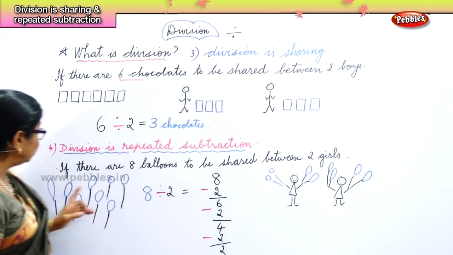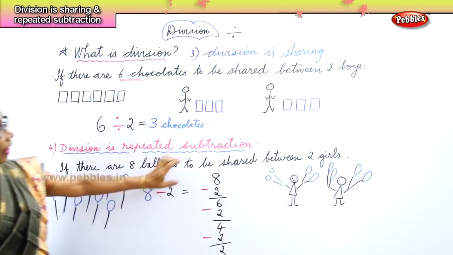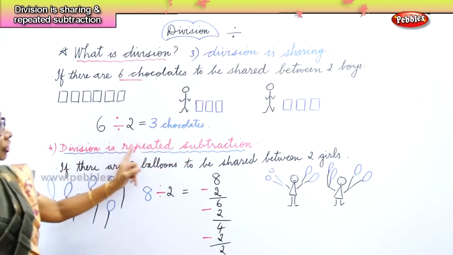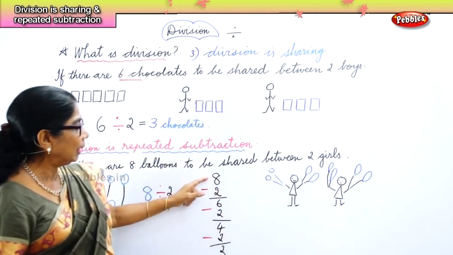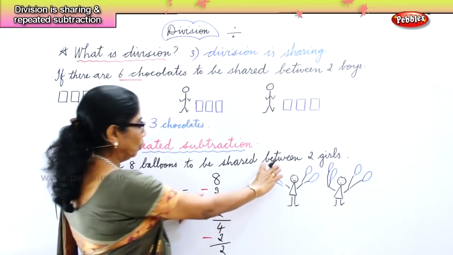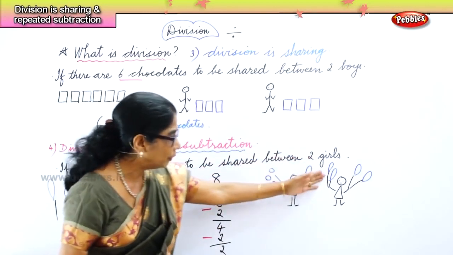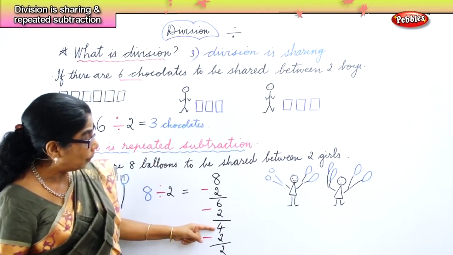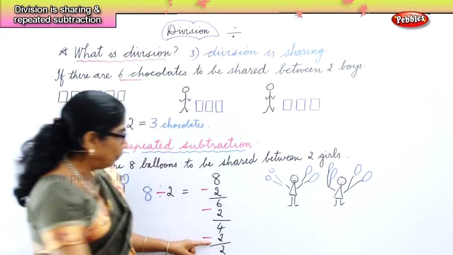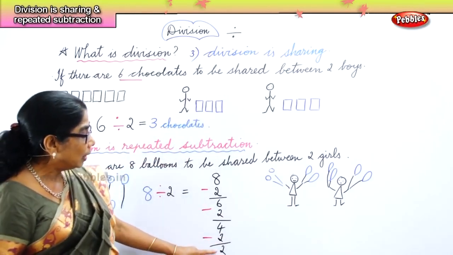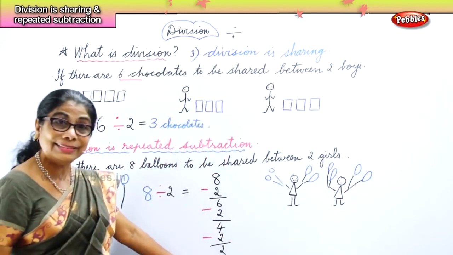There were 8 balloons. 1, 2, 3, 4, 5, 6, 7, 8. Division is repeated subtraction. And there are 2 girls. 8 balloons minus 2 balloons give you 6 balloons. Then minus 2 balloons, you give it to her. You get 4 balloons left. 4 balloons minus 2 balloons again for this girl, that is 2, again minus 2 balloons, we give it to her and we get 0 balloons.